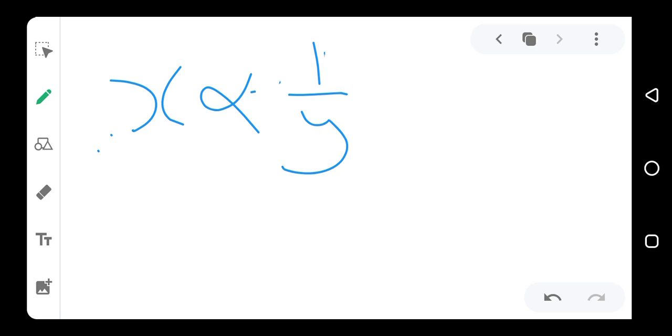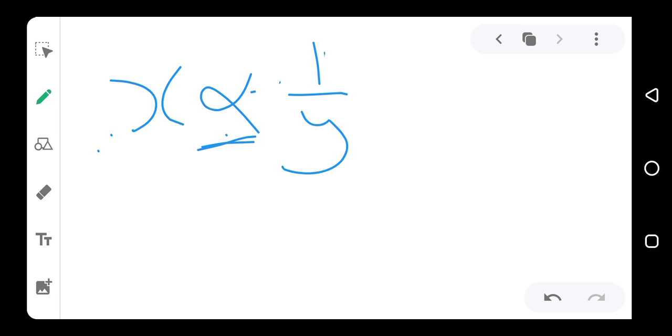Now that you have this, we have to clear the sign of proportionality to use this and solve anything. For it to become mathematically useful, we have to clear this sign of proportionality. That means we have to convert this to equal sign. For us to convert it to equal sign, we again introduce a constant.